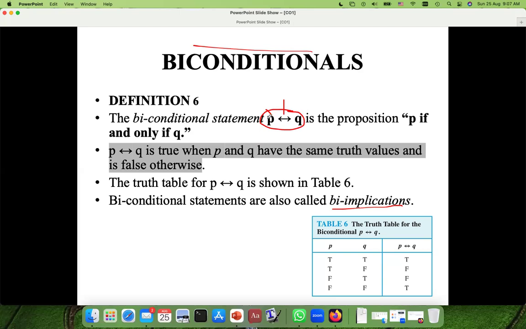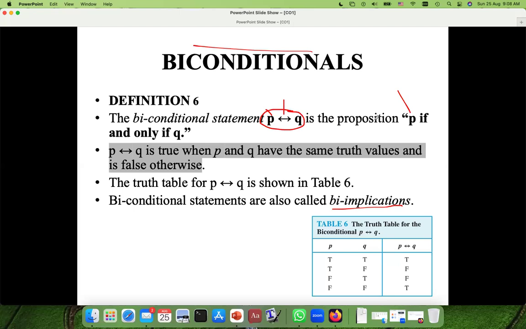And how can we read that? P biconditional Q, P bi-implication Q, or you can say P double arrow Q. So you can do whatever you want because it is not our language. So how can we read it?